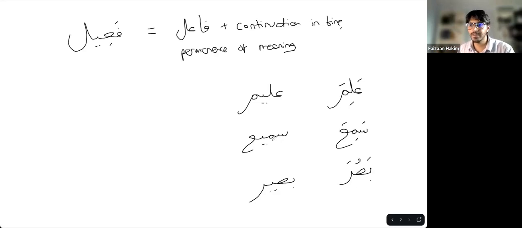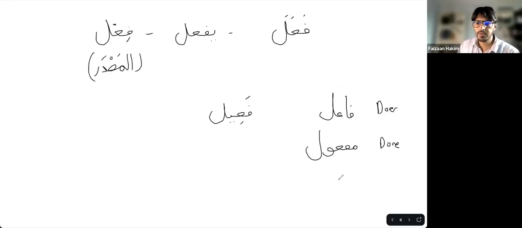You can be an alim at one point and become jahil at another, or jahil and then become alim. But Alim means to really know. You know and you've always known and you always will know. This quality of ilm is permanent inside of you. Similarly with Sami' and Basir. Seeing, not someone who merely sees, but someone who is seeing. So that's the meaning of fa'il.